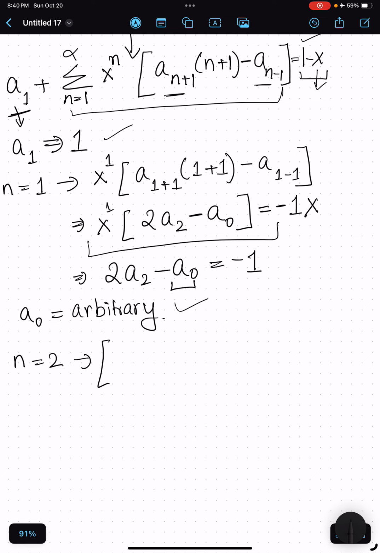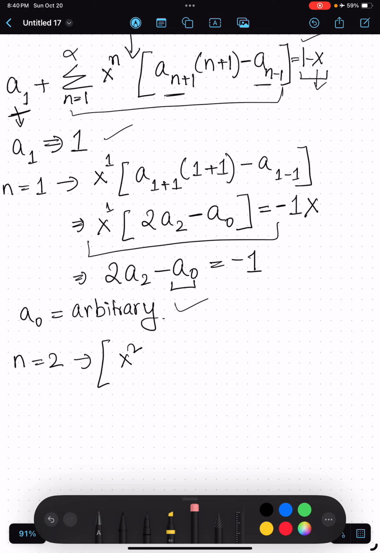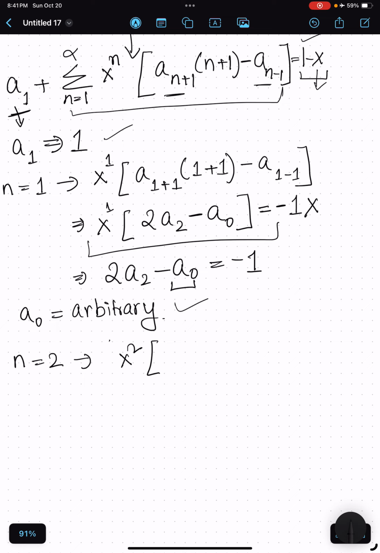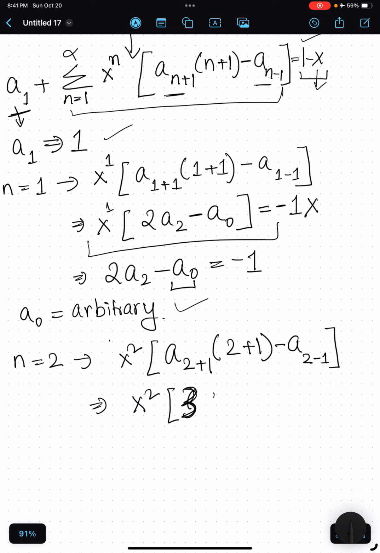Plugging in n equal to 2 in the same expression, we have x squared, a sub 2 plus 1 times 2 plus 1 minus a sub 2 minus 1. And if we simplify that, we have 3 times a sub 3 minus a sub 1.